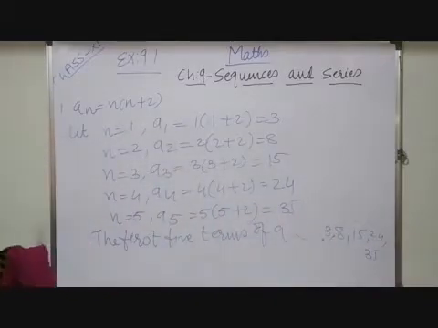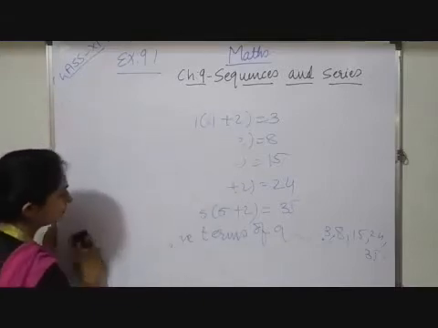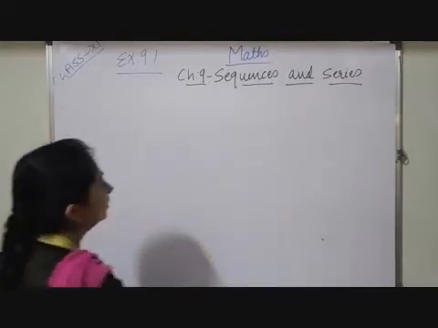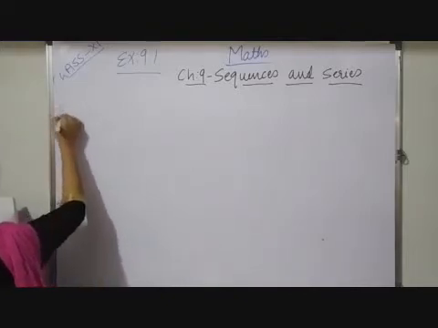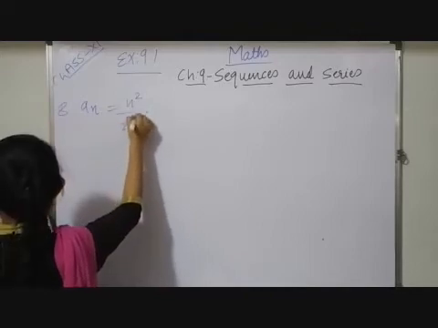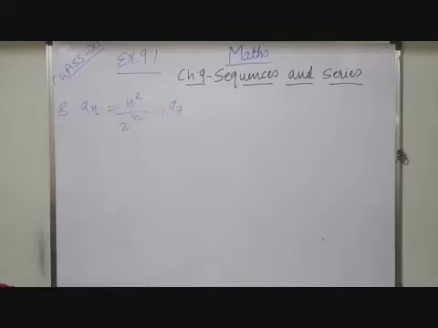Now, here I will solve the next question. Your next question is an is equal to n square upon 2 to the power n, and here we have to find out a7.